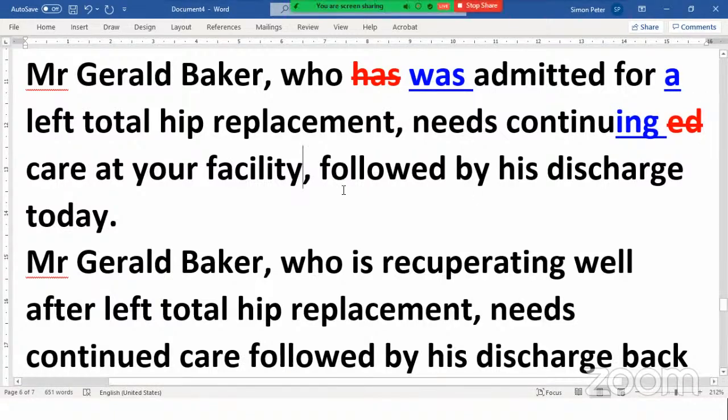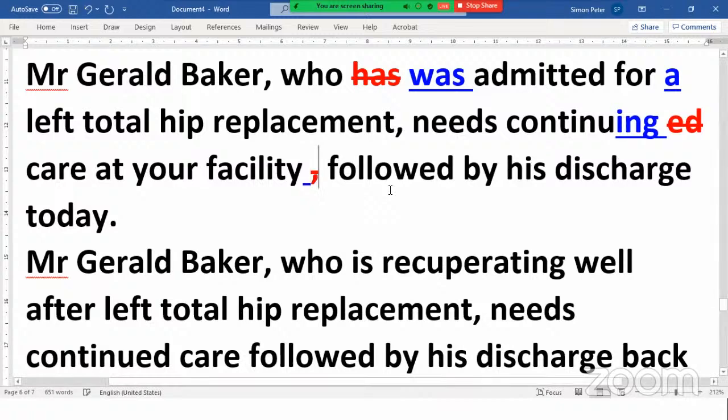You have confusion between followed by and following. So, try to use a different style: needs continuing care at your facility, which is followed by his discharge today. So that is following here. That is the point.